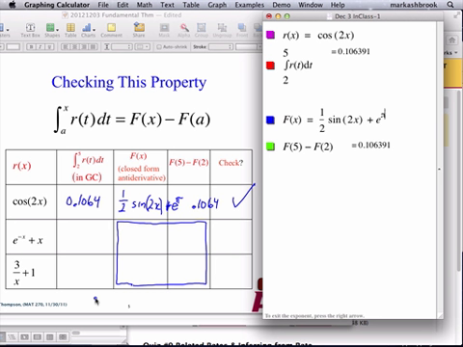So you're saying... So the second part is plus 1/2.